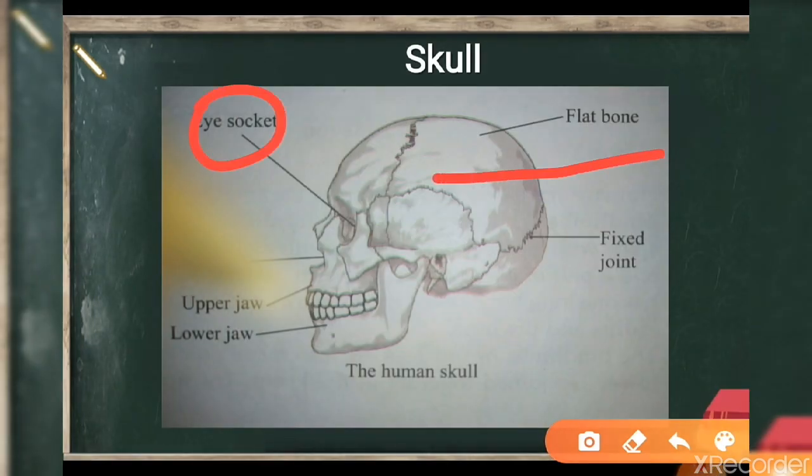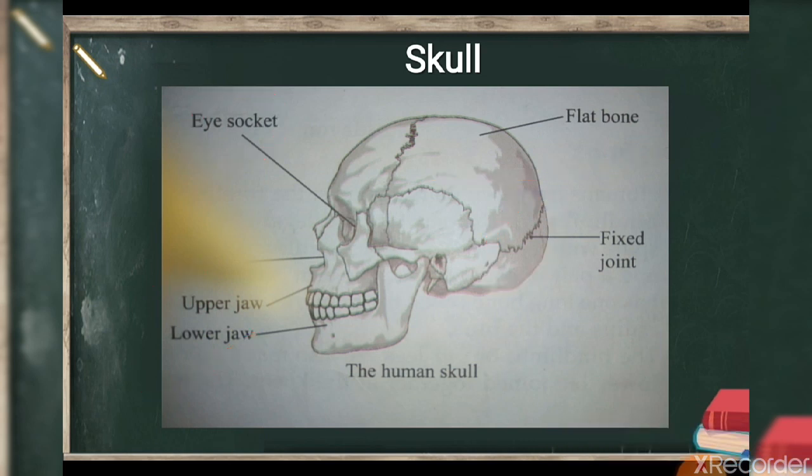These are the flat bones. This is a fixed joint, it is not moving. This is the upper jaw and this is the lower jaw. Okay, good. This is about the skull.